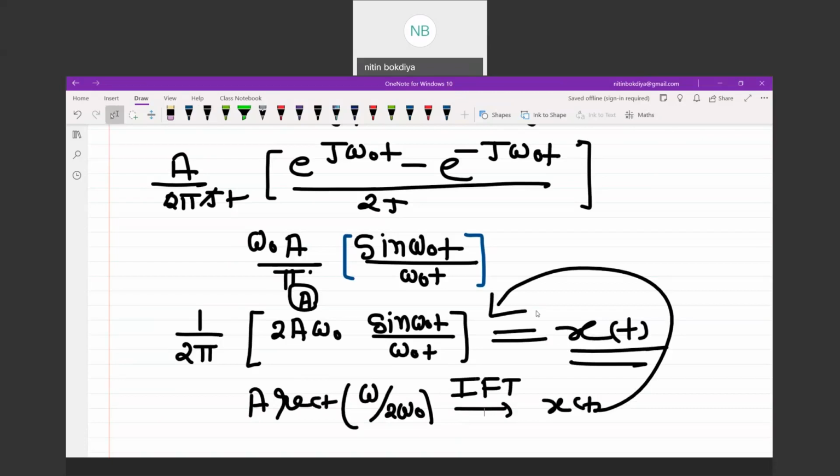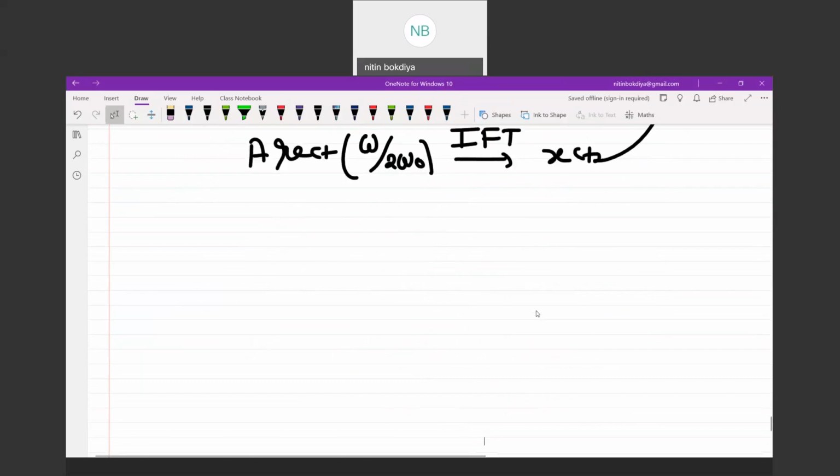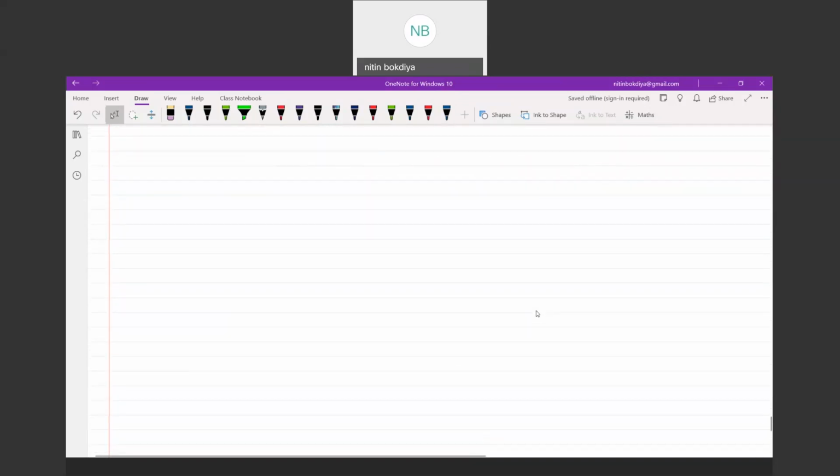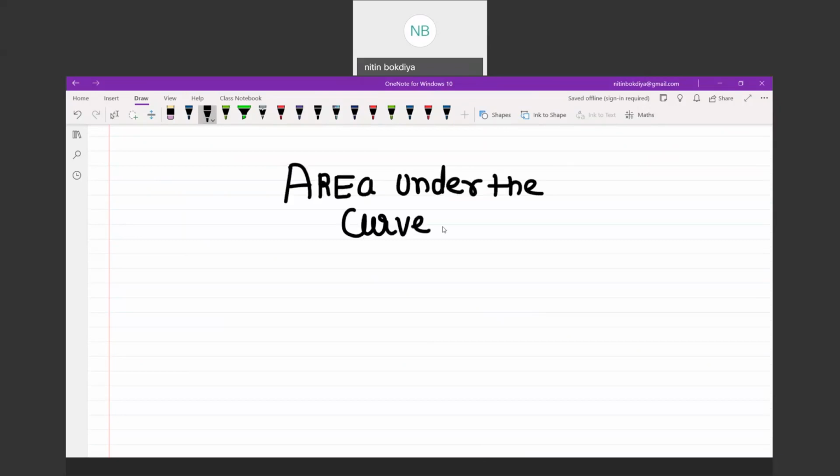The next property is known as the area under the curve property of the Fourier transform.